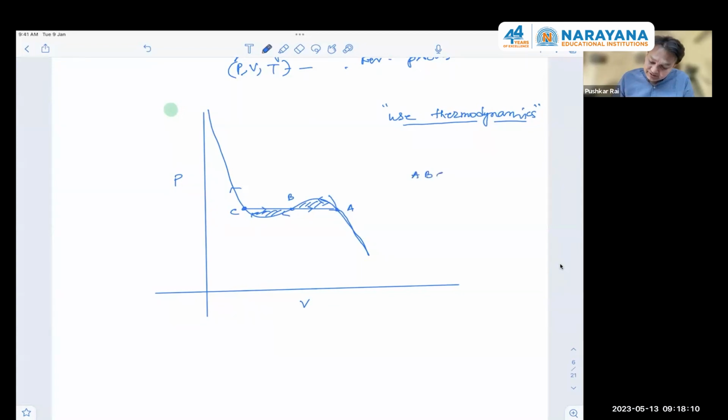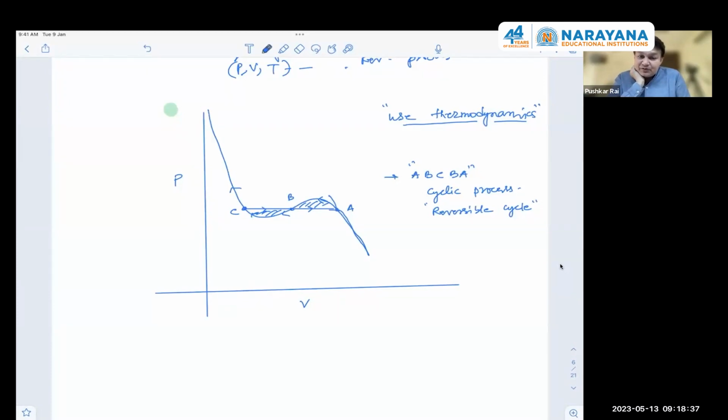A, B, C, B, A. What is this process? Cyclic process. What else can you say about this? That it is a reversible cycle. Because Ved Prakash has also given me a clue. The process is reversible. Why is it reversible? He told me that pressure is precisely defined.